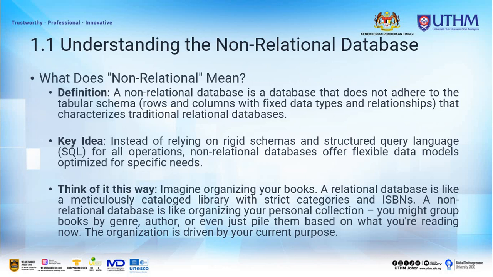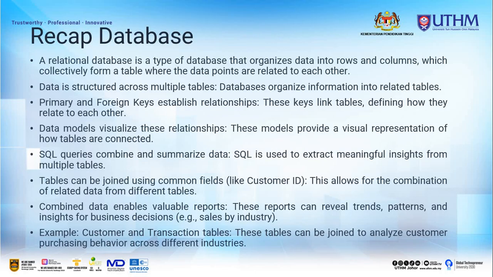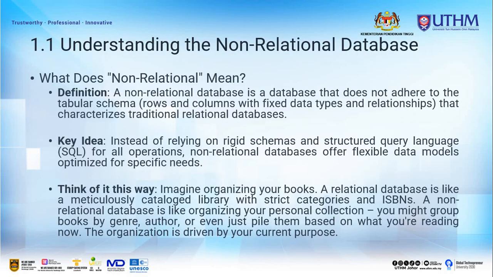Compared to relational database, non-relational database has no table form, because they mostly work with unstructured data or semi-structured data. But remember, relational databases are more about structured data, because they already have a table form. But for non-relational, we don't have a table form there.